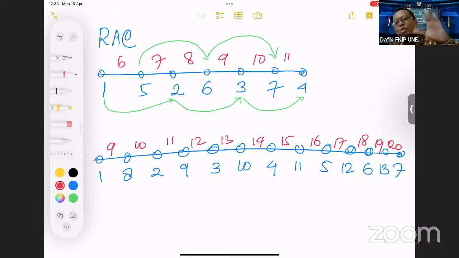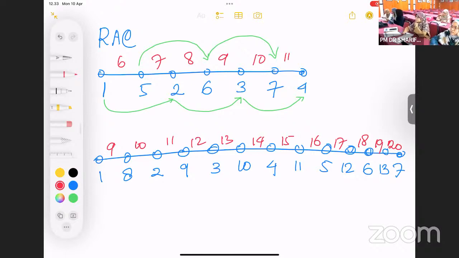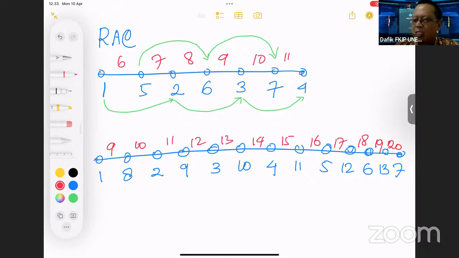Sometimes there are two cases, odd and even, and they are different. But I'm thinking, if you have a different pattern for how to assign. For example, this one.